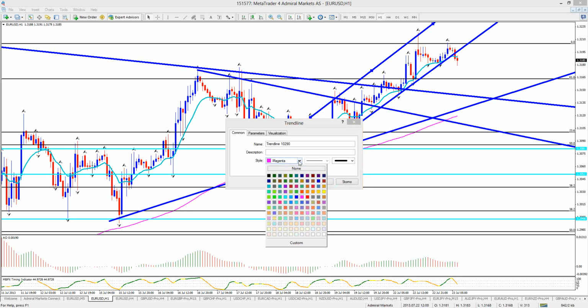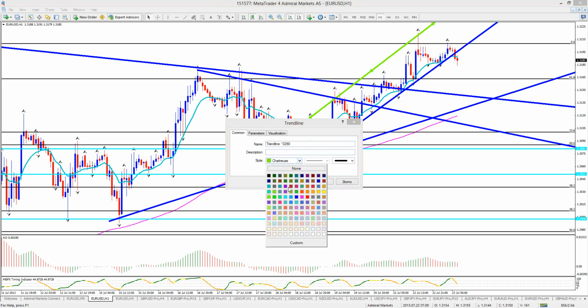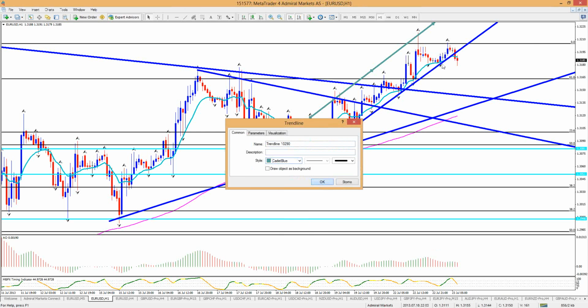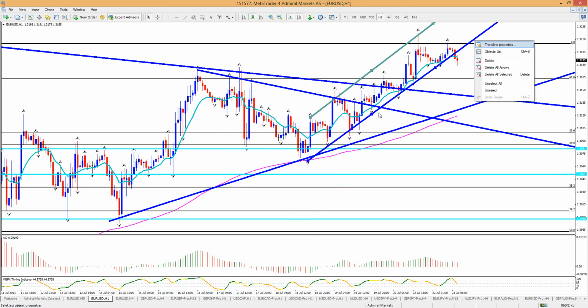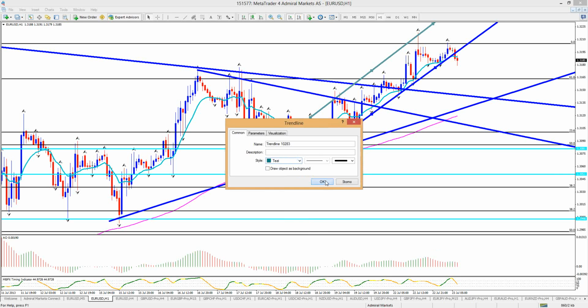But considering the evidence that we've been looking at in total so far, let me make the channel green. I think even despite the fact that we're out of this channel at the moment, the likelihood of still some upside continuation, although the currency is moving very slowly, is still good.